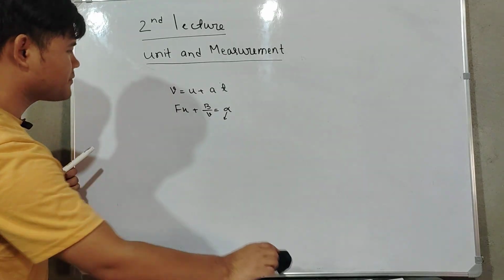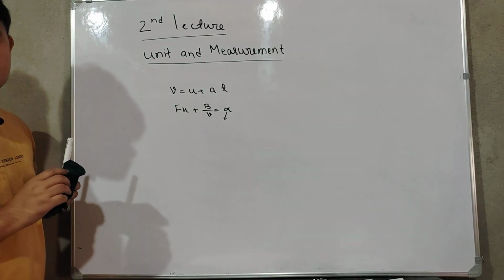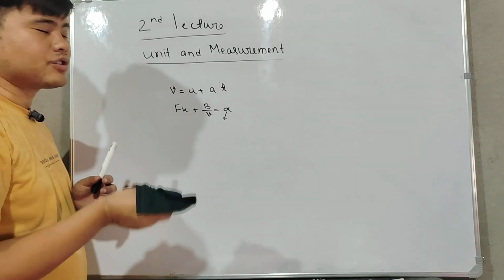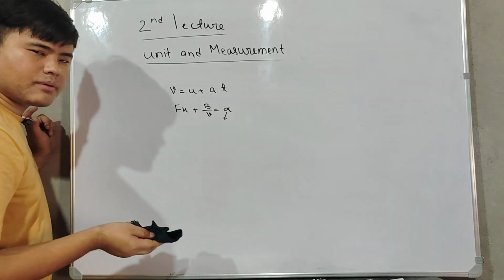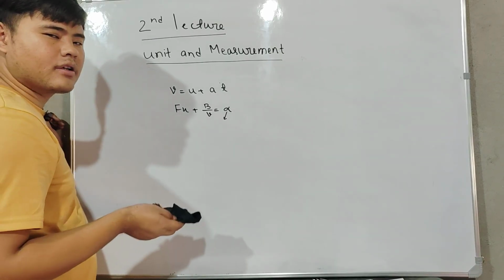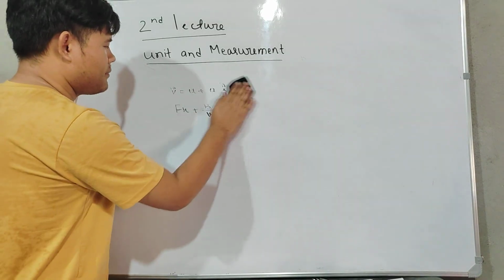For this we have to learn some principles which will help us solve this type of question. So let us learn some of the principles and rules that will help us in solving all these types of problems.